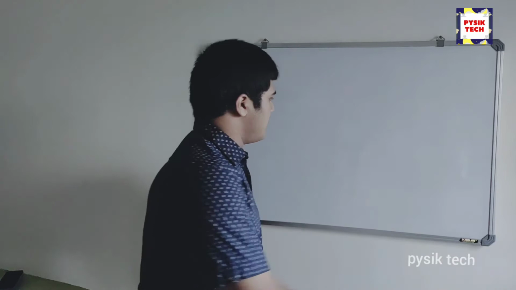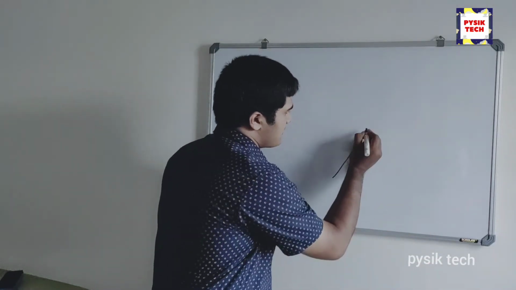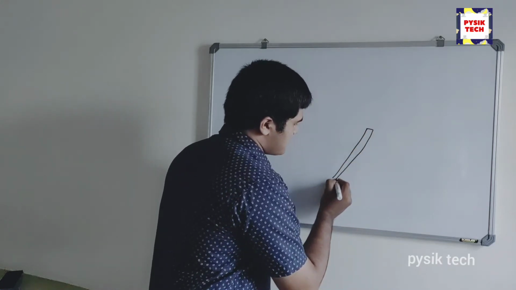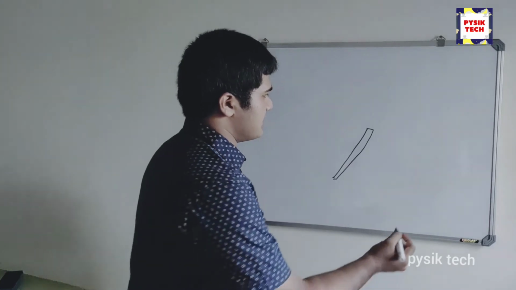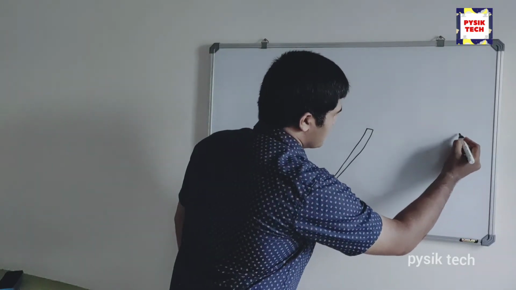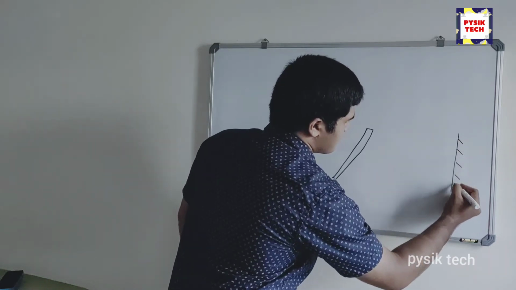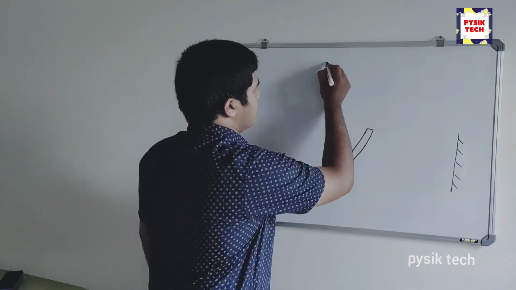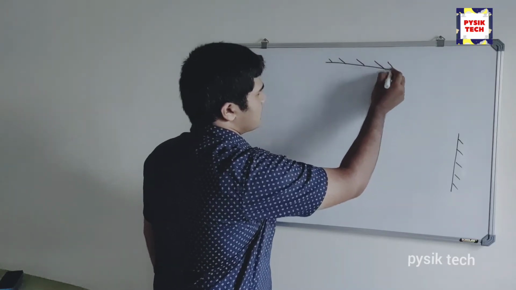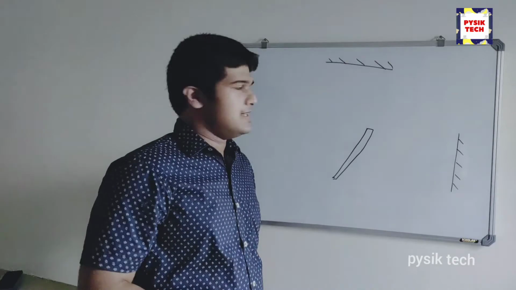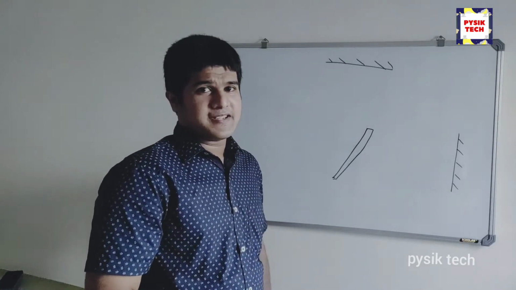Here I am putting a beam splitter. After that, we can place a mirror here and also here. One mirror is stationary and the other mirror is movable.